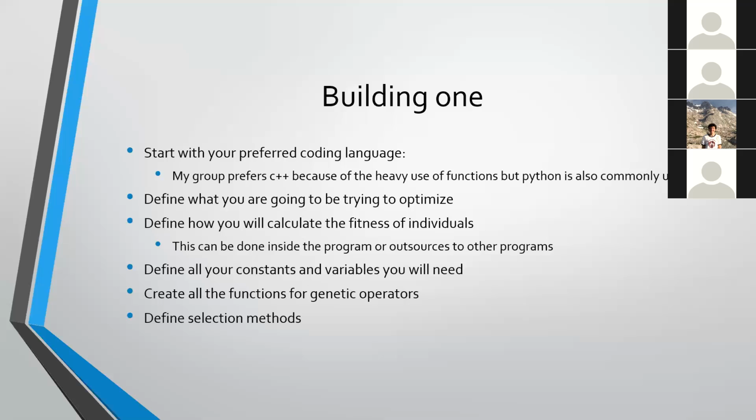Once you've defined those kind of things, you'll need to define all the constants and variables that you would need, which can range from, in the paperclip thing that I was talking about, just a bunch of angles in 3 dimensions, to the car example where it could be millions of variables that you're trying to all tweak to get you to your answer.